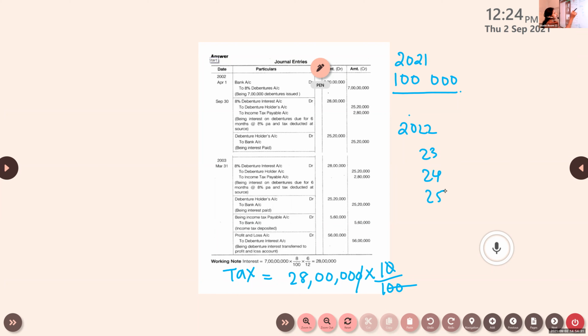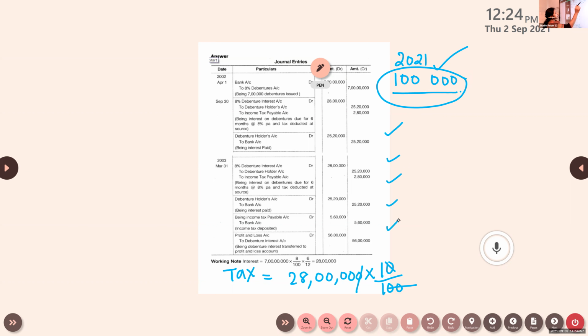Maybe this company has decided to take the next advertisement only after 5 years, because they are incurring huge expenses. So this 1 lakh rupees benefit is expected in the upcoming years.